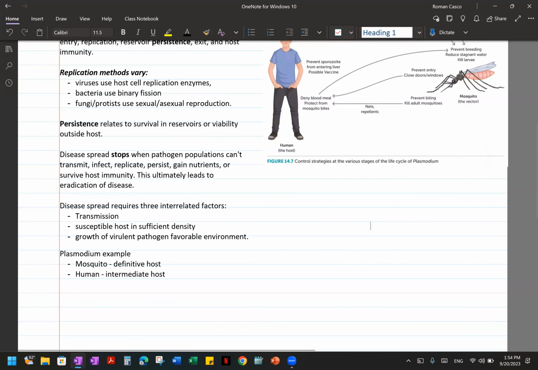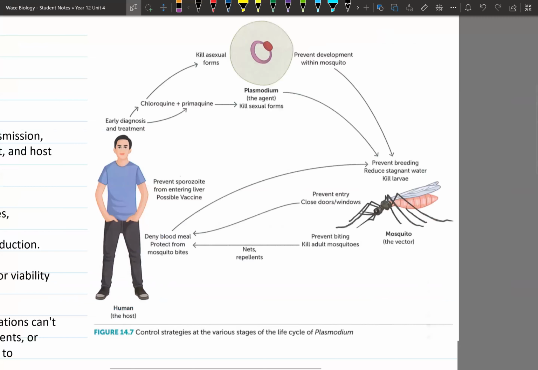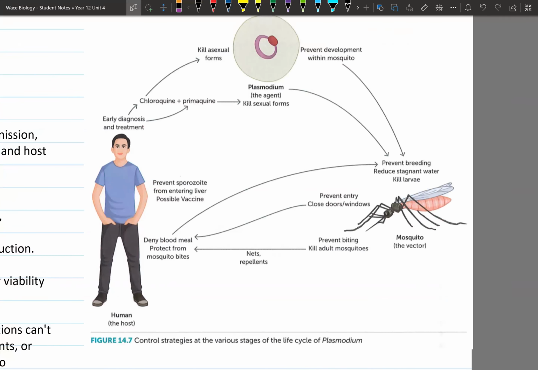So I've been talking about stopping these different things. How do you stop it? Well, via pharmaceutical treatment. If you take a look at this diagram, this is essentially what I've been talking about. If you can detect that the individual has been diagnosed with this particular disease, you can use medicine, for example chloroquine or primaquine.